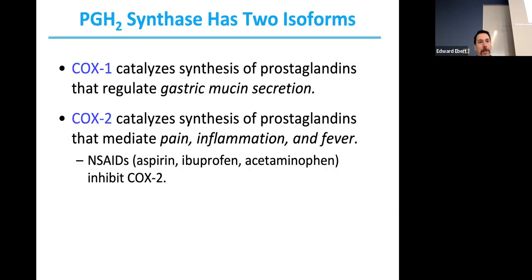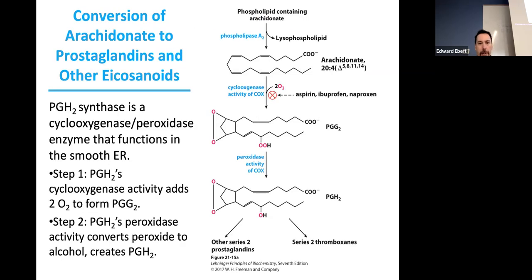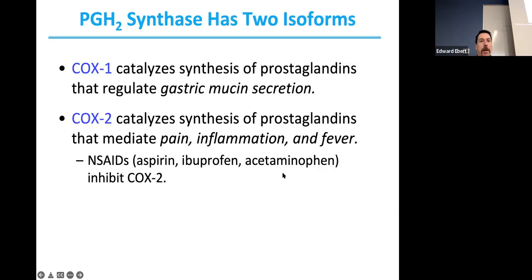So if we look specifically at PGH2 synthase, it has two isoforms, COX-1 and COX-2. COX-1 is going to catalyze primarily prostaglandins that regulate gastric mucin secretion. That sounds lovely, right?